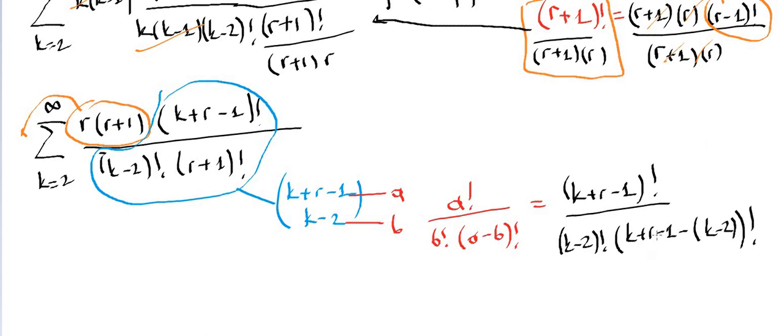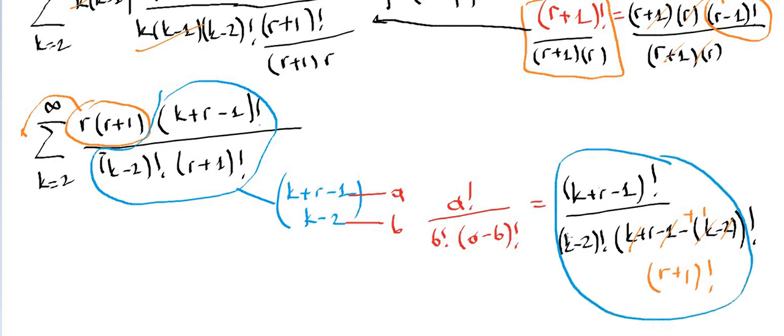Here k cancels k, and negative 1 plus 2 will be positive 1, so (r plus 1) factorial. As you can see, this expression is exactly the same as this expression here. So instead of this expression, we're going to use (k plus r minus 1 choose k minus 2). And the rest of the equation is again p to the r, (1 minus p) to the k.